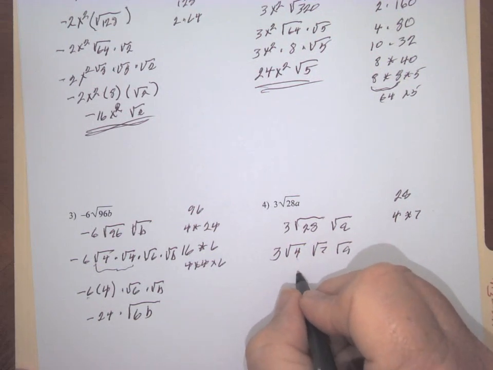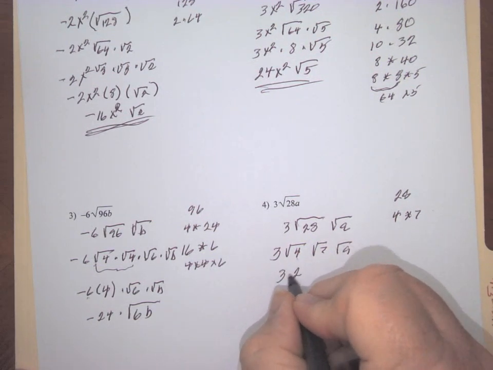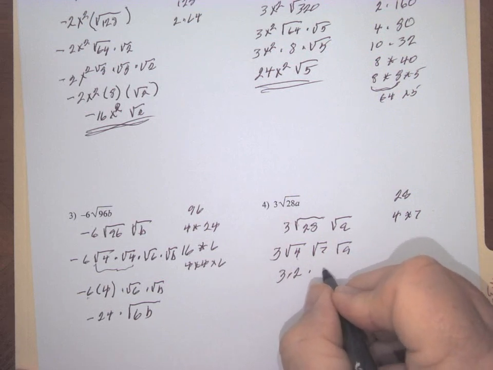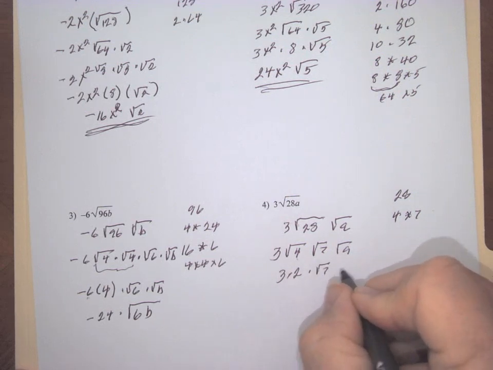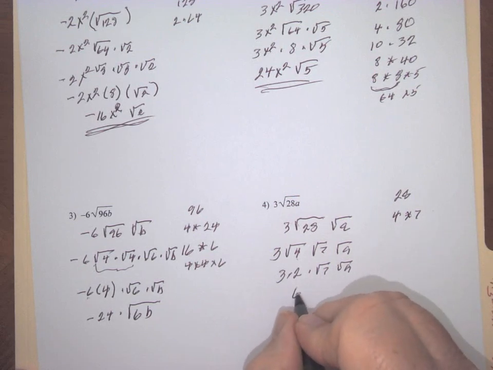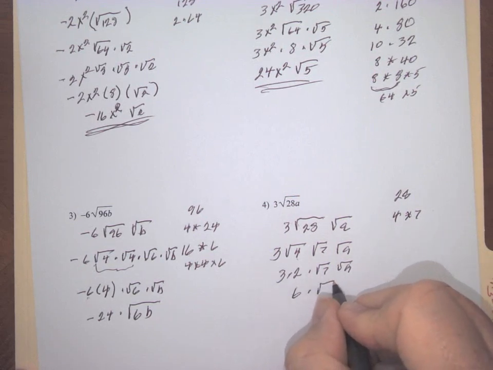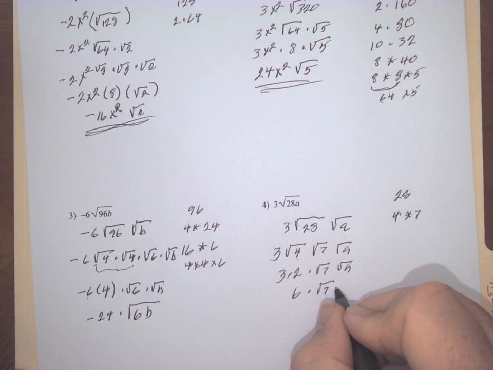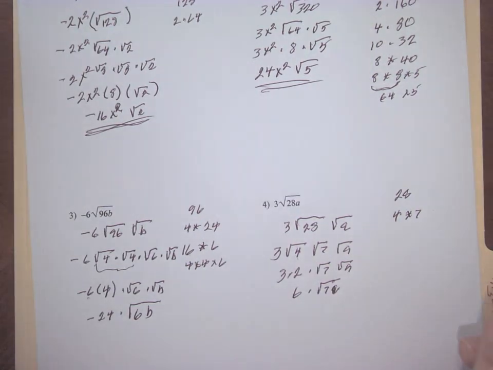Square root of 4 is 2. So 3 times 2 times the square root of 7 times the square root of a. So we're left with 6 times the square root of 7a, because we're going to put this a back underneath. Okay? So that is how you do these.